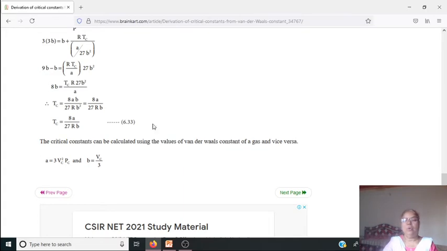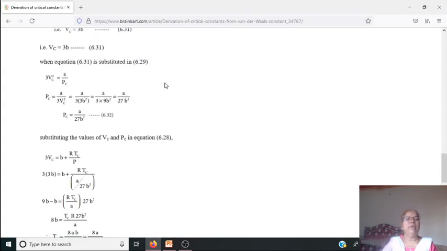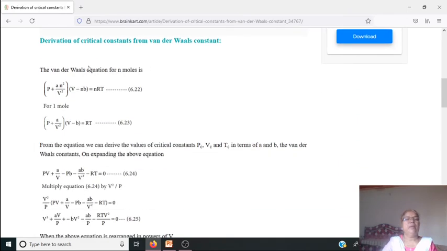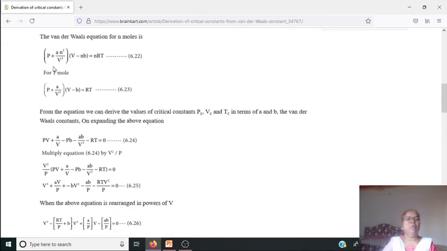Okay, so once again we revise the relationship between van der Waals constants. All of you know the van der Waals equation for n moles. We have P plus A into n square upon V square into V minus nB is equal to nRT.